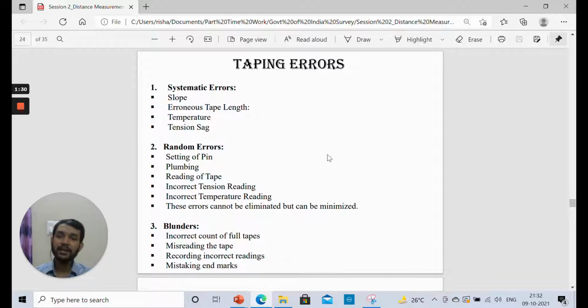It can be in any direction. It can occur during plumbing, when the plumb bob was used to locate the point on the ground surface. You may have taken it at a different place, and once you take the tape at a different place, it will give you the wrong reading. So this type of error may occur.